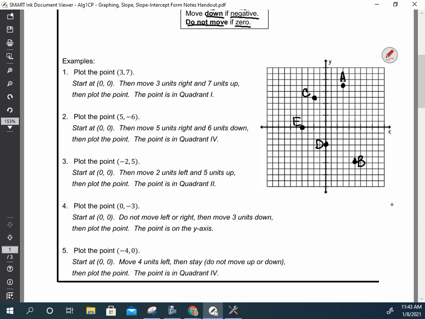But, for example, if you plot the point 3, 7, start at 0, 0, move 3 units to the right, and then 7 units up. What's your point? So I labeled it point A. Point A is in quadrant number 1.